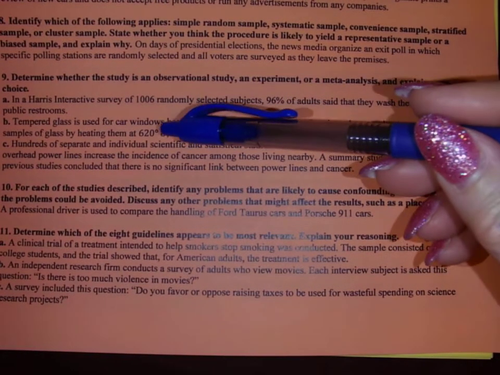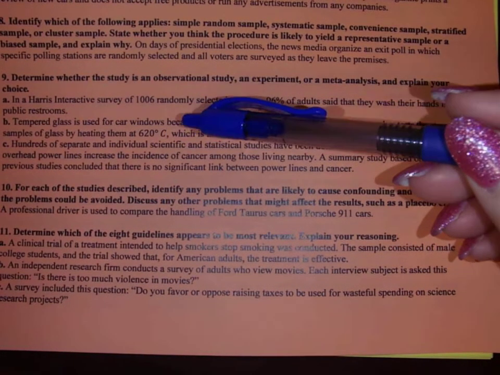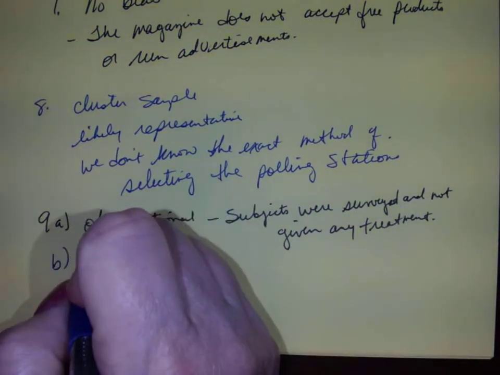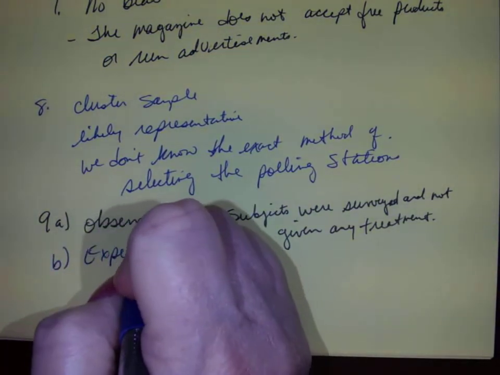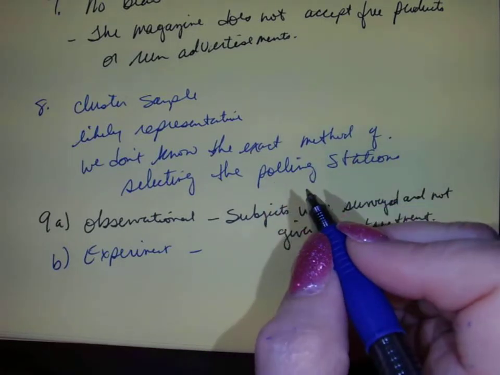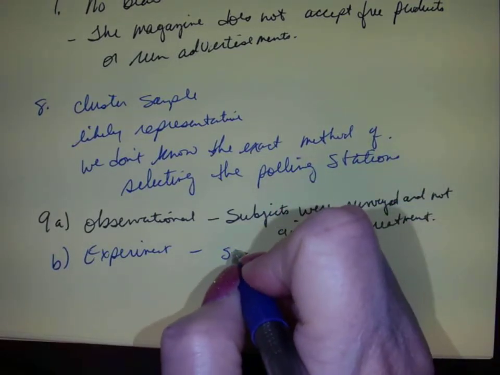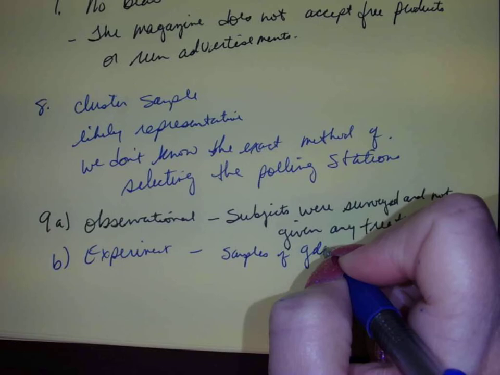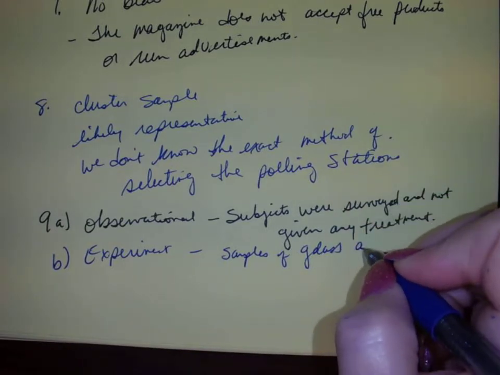Well, they're actually doing something to the glass. They're doing a treatment. So this is going to be experimental, or an experiment, because they're treating the glass. Or we could say: samples of glass are treated.